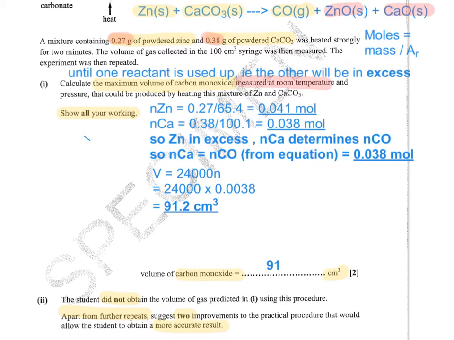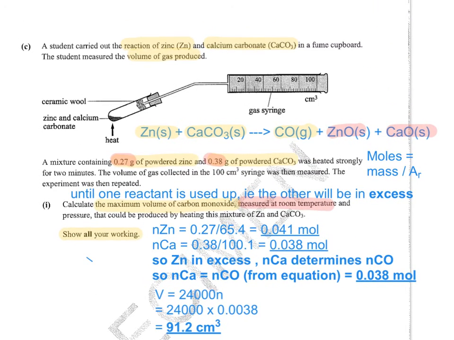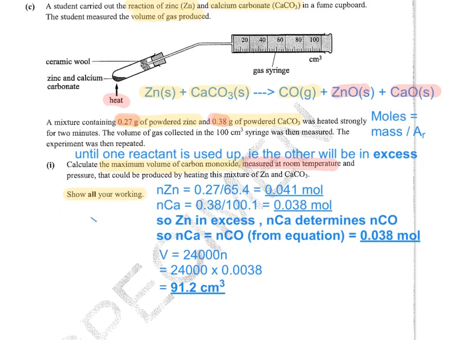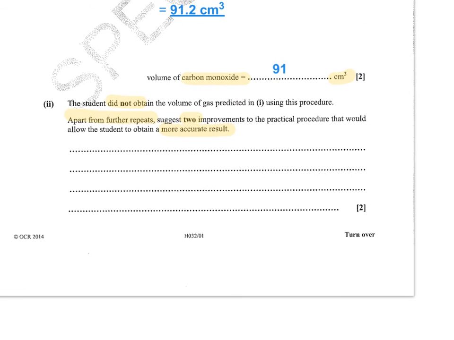If it's been measured at room temperature, but you've been heating it, then surely you need to let it cool down so that the volume of the gas that you collect when it's hot is allowed to contract slightly as it cools down to room temperature. So that would be improvement number 1.